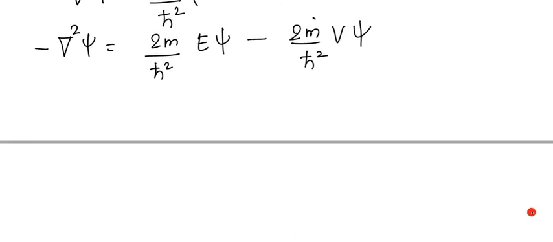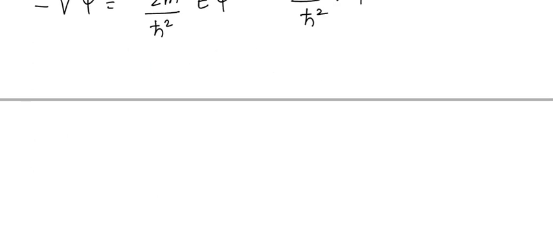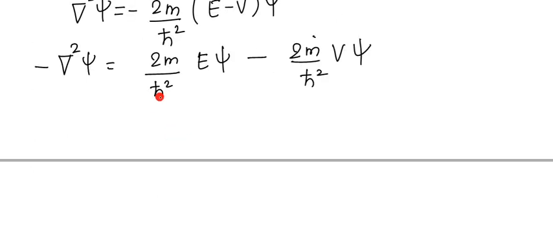Okay, and actually you can take this h cut square to the left hand side and 2m to the right hand side by taking the common. So I think this term is not necessary here. You can carry it from this term also, but no problem at all.